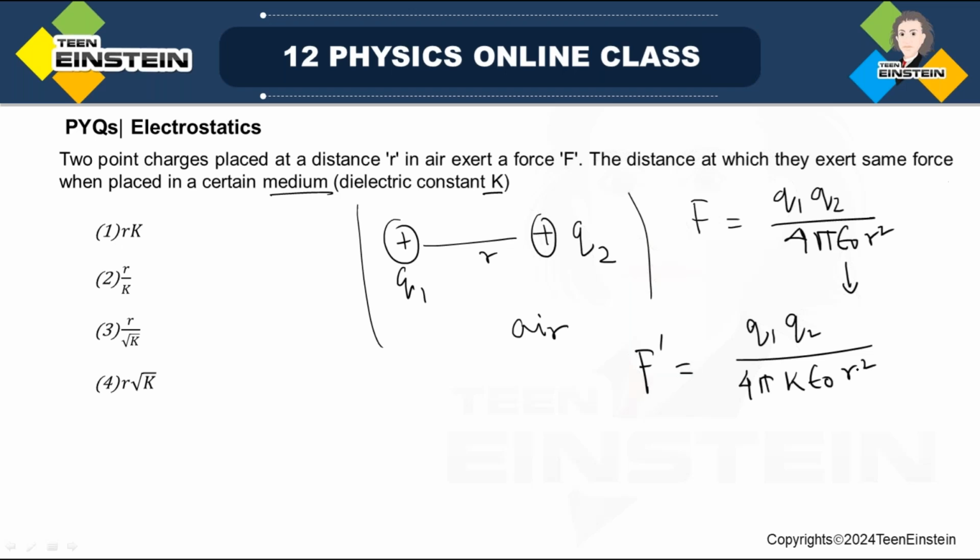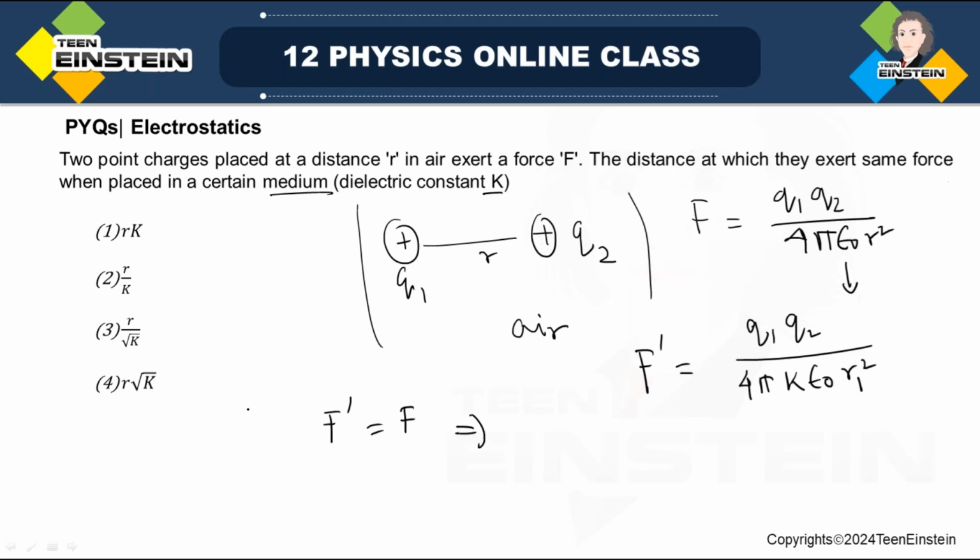Let us take this as r1 square, because this distance is not going to be the same now. We have to find out the distance where the magnitude of these forces are the same, so that distance r1 we have to find out.